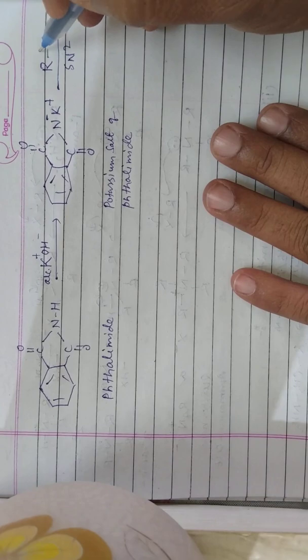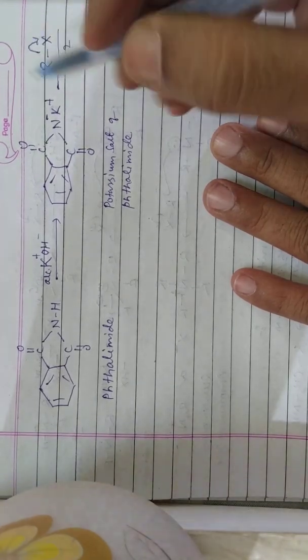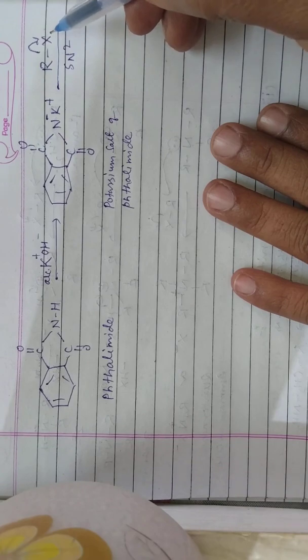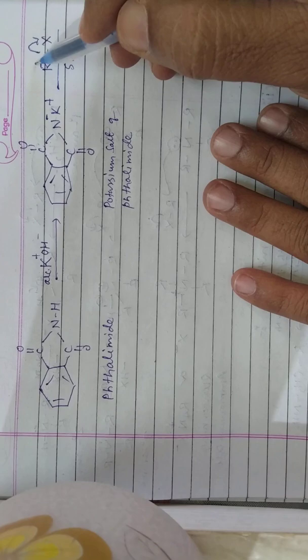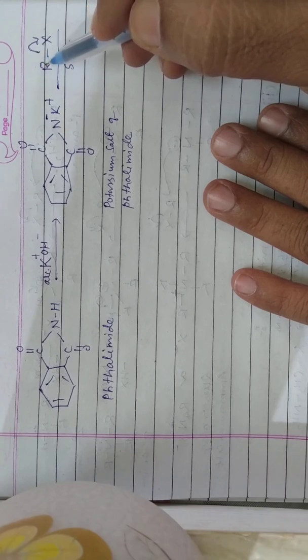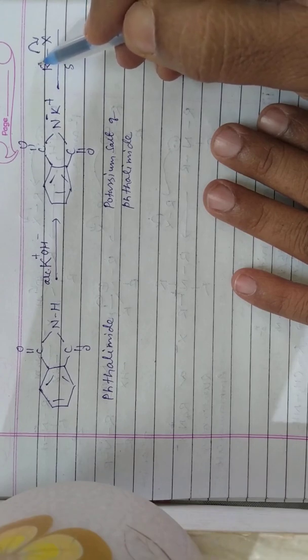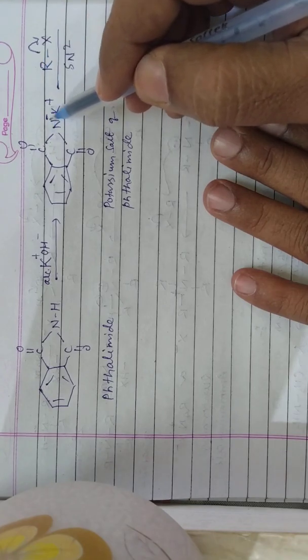Here you see the halogen will take its electron, the sigma bond electron. Now a positive center will develop, that is electrophilicity is developed on the carbon of the alkyl group. The electrophilic center is being attacked by this nucleophile.